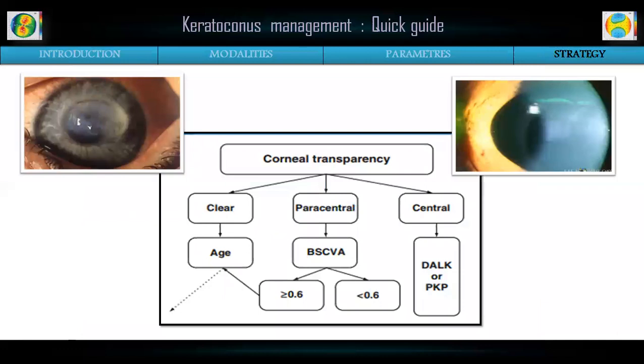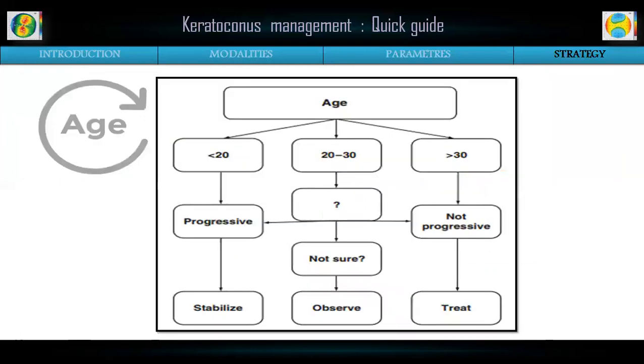For the transparency, if the transparency is central, we have to do a DALK or PKP. If paracentral, we look to the best corrected visual acuity. And if clear, we have to look to the age. If the age is less than 20, you have to do cross-linking to stabilize the cornea.